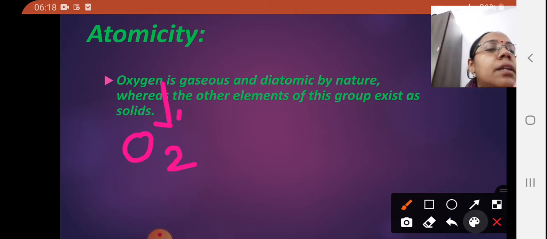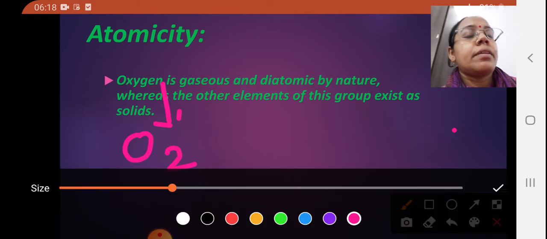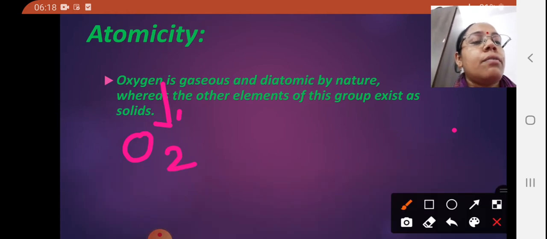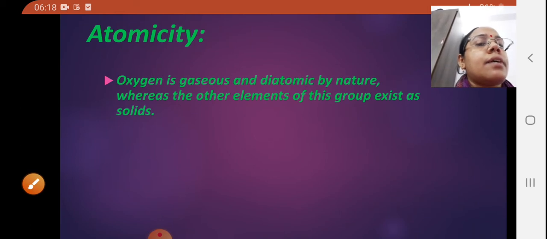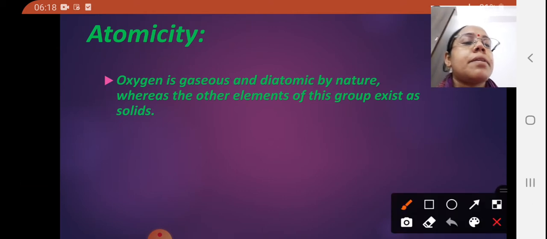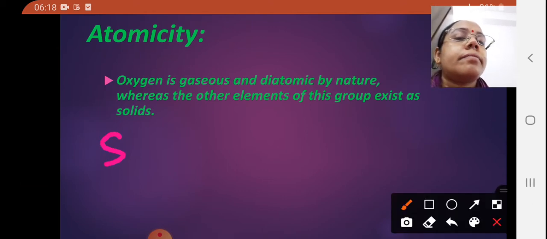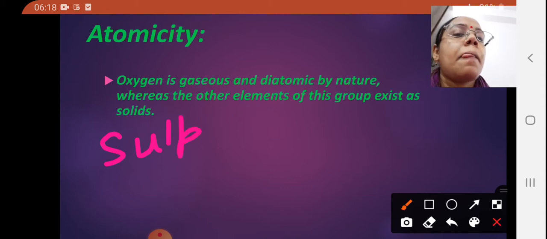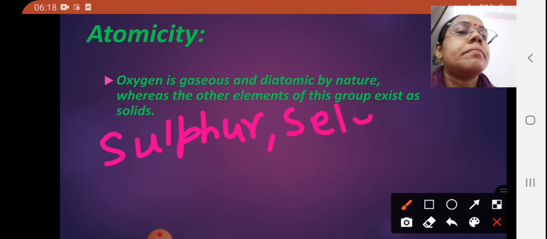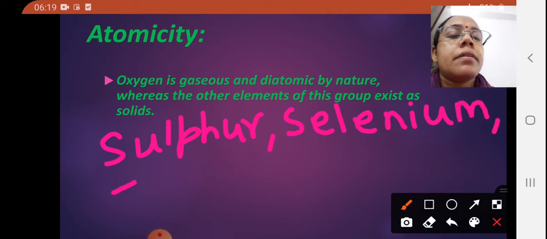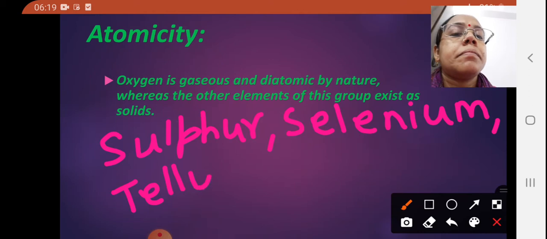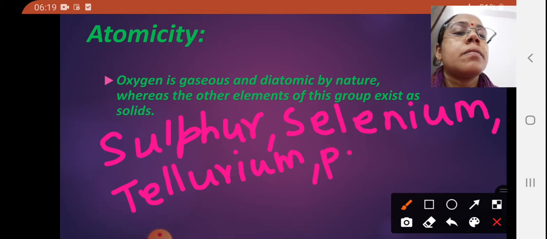Whereas the other elements, they are found in solid state. Which elements are present other than oxygen? Sulfur, selenium, tellurium, and the last one is polonium.